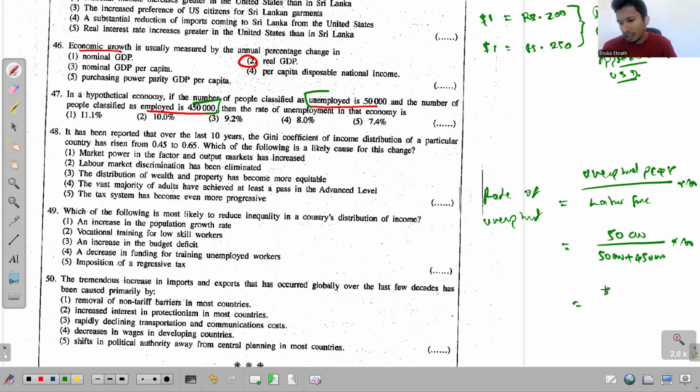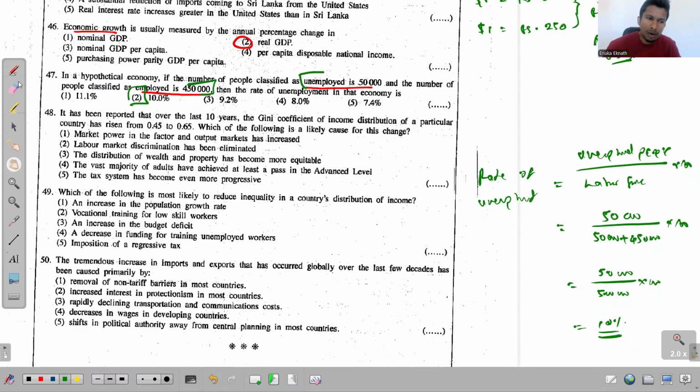So simply it's 50,000 divided by 500,000 multiplied by 100, and the answer is just 10%, right? So 10% is in the second option. So that's the answer.